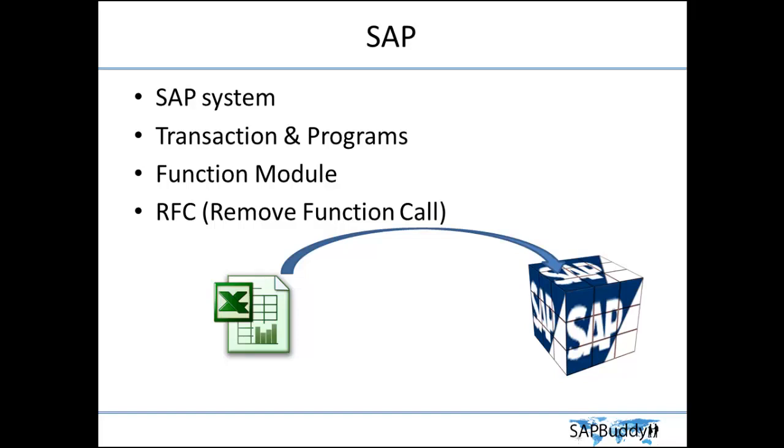In SAP, most of the things are tables and programs. All the information available in SAP is saved in tables, and these tables are updated or extracted using programs. These programs are called by transaction codes, that's called T codes. That is called a transaction code.